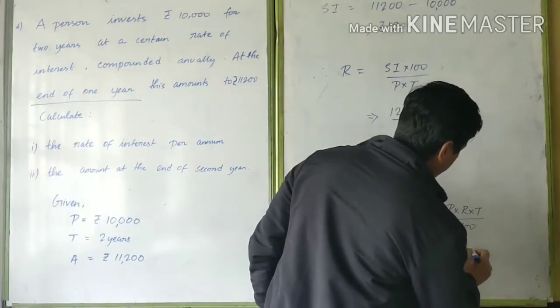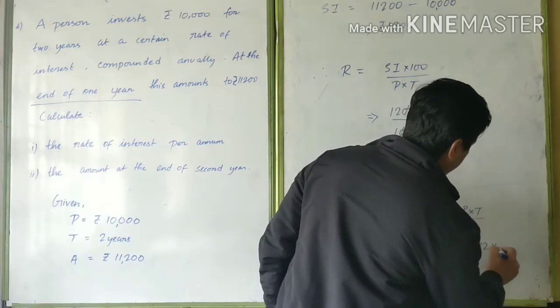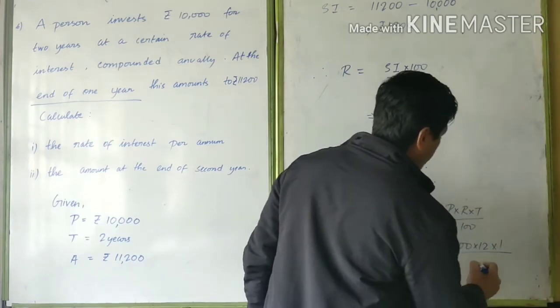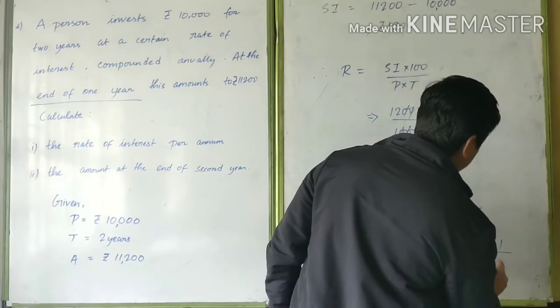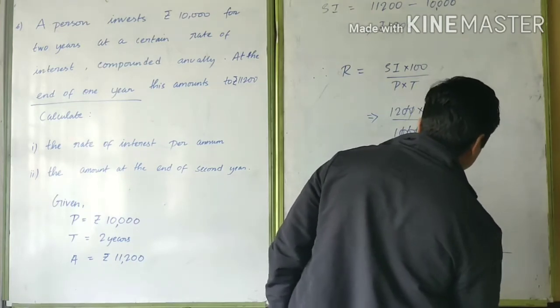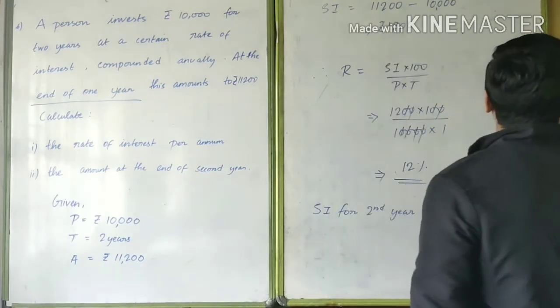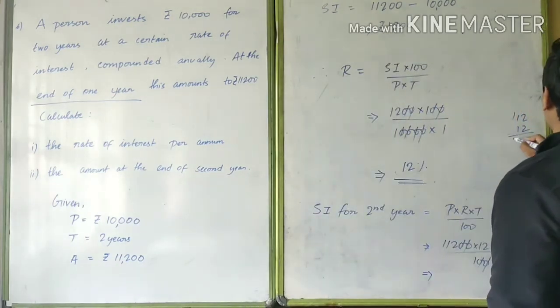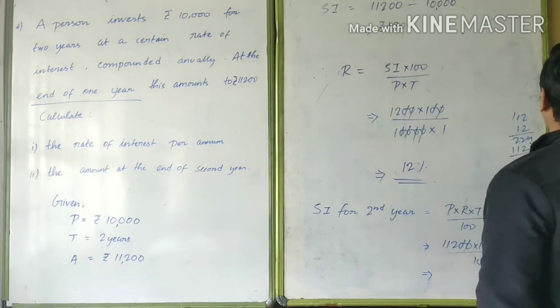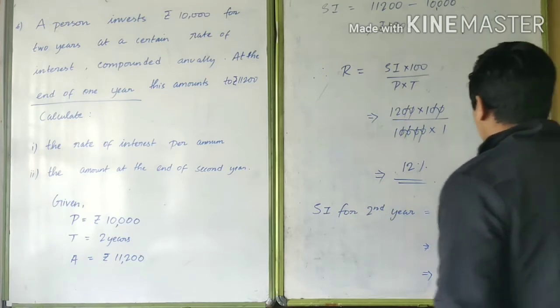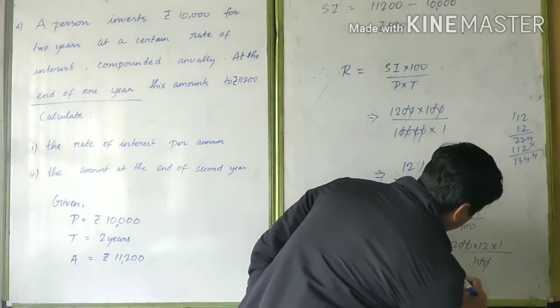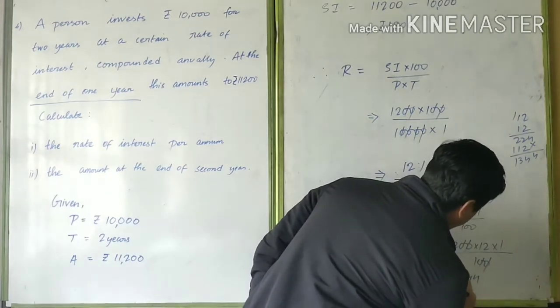So 11,200 into 12 into time will be 1 year. 0 0 gets cancelled. So my answer is 1,344 rupees.